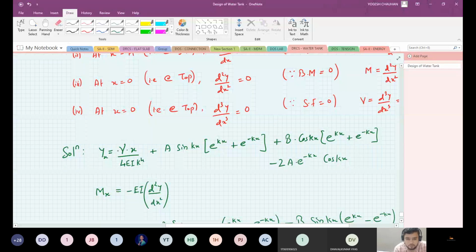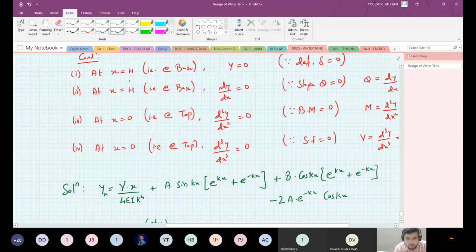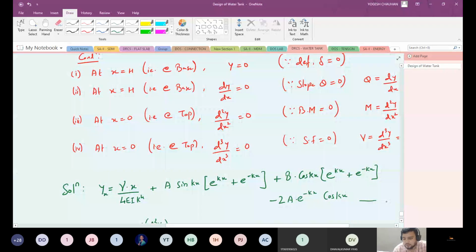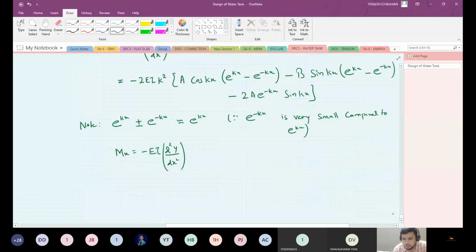Then at x equals h, you substitute the values of h in this expression. Let this be number 4 and let this be number 5.